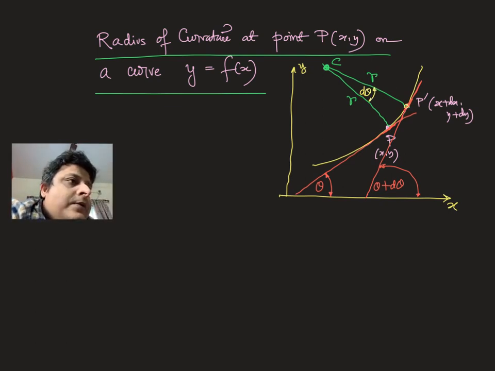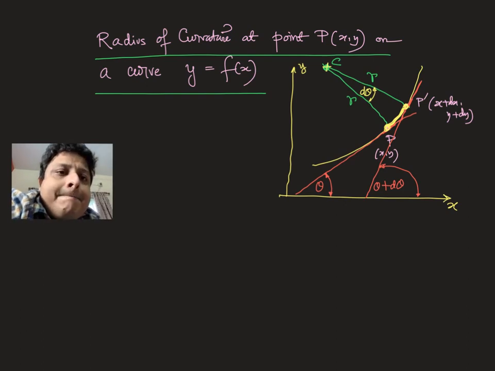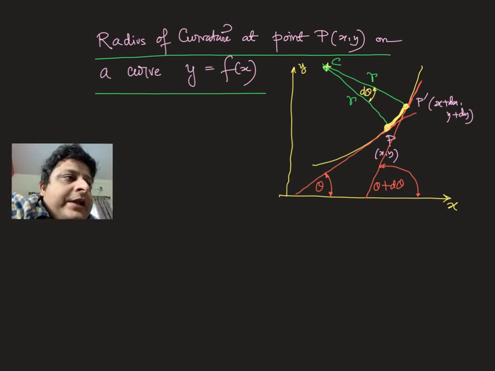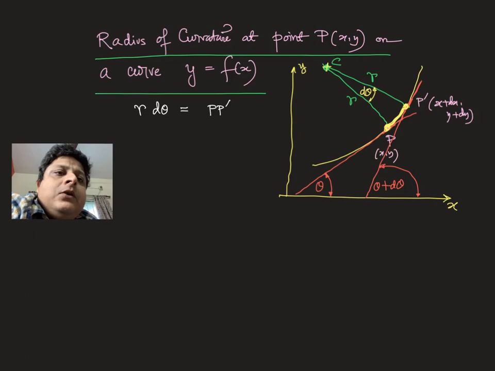Now this distance P to P dash. Now we can see a center C and an arc of radius R, with an arc of length P P dash. So here you can write R multiplied by d theta is the small length P P dash.